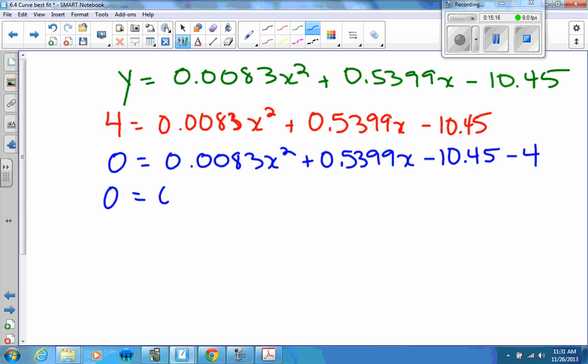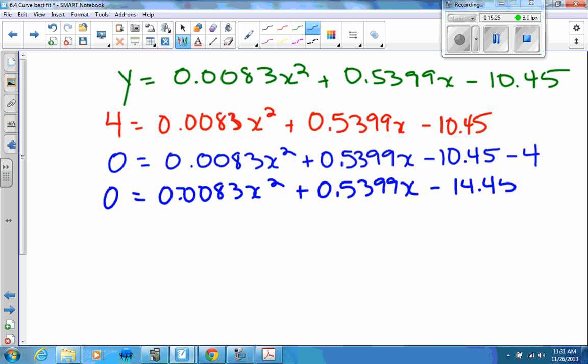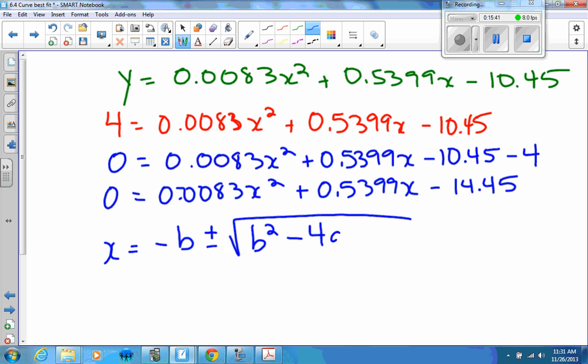So 0 equals 0.0083x squared plus 0.5399x minus 14.45. So I'm going to have to put this into the quadratic equation, which you learned from last year. So the quadratic equation is x equals negative b plus or minus the square root of b squared minus 4ac, divided by 2a. Okay, so this is my a value, this is my b value, and this is my c value.